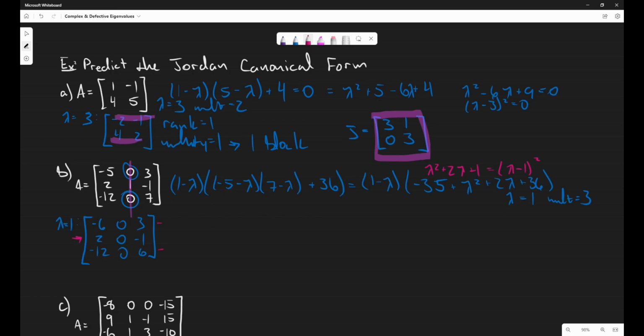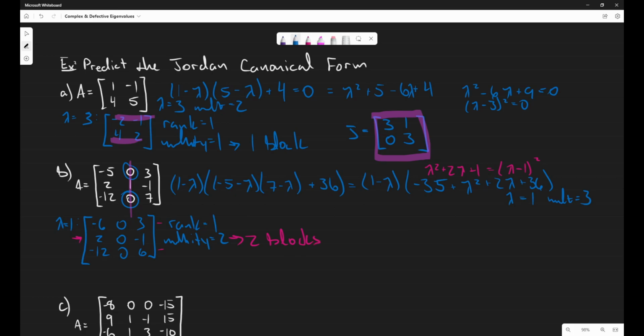For the first one you just multiply by 3, and the third one you multiply the second by -6. So we will have a rank equaling 1 and a nullity equaling 2. Again, our nullity is equal to 2, so that means we'll have 2 blocks in this 3 by 3 matrix.